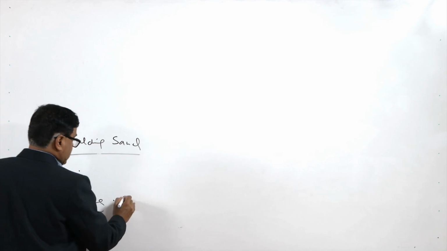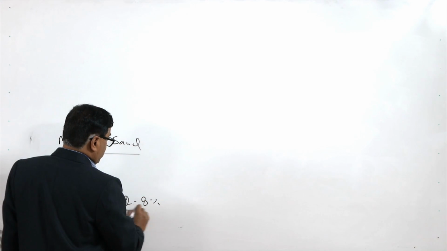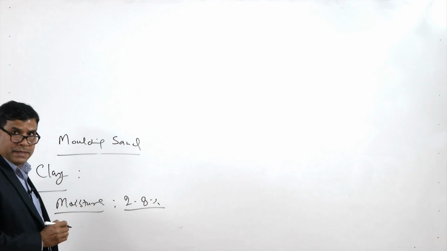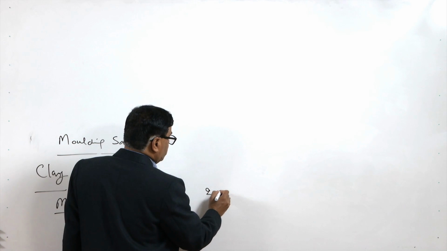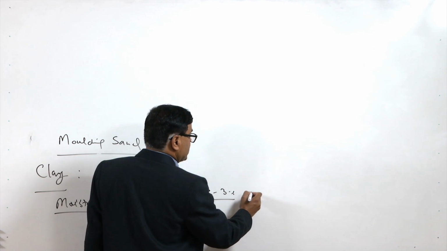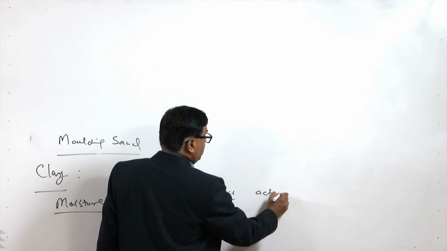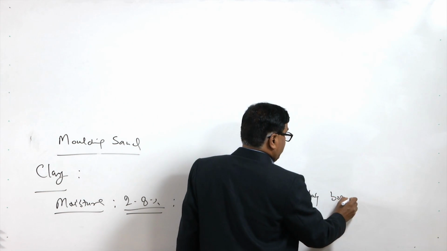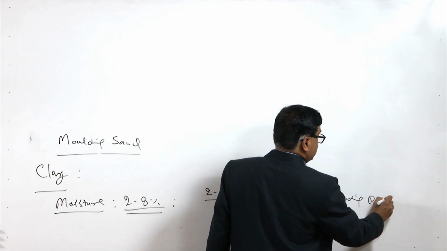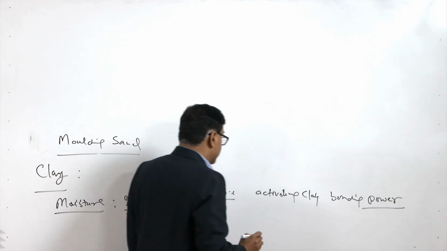As I have told, 2 to 8% moisture is added, and about 2 to 3% moisture is needed for activating the clay, so that the desired bonding power can be realized for having good strength.